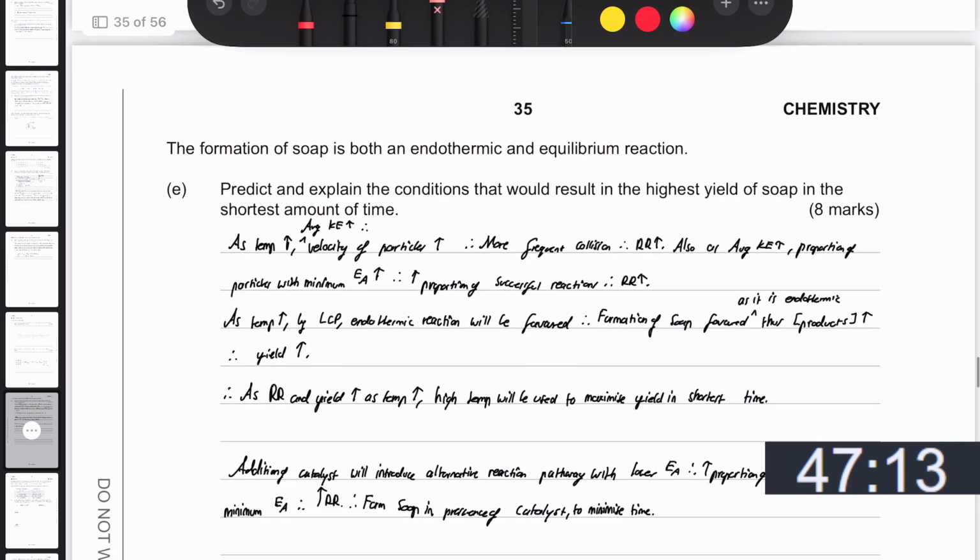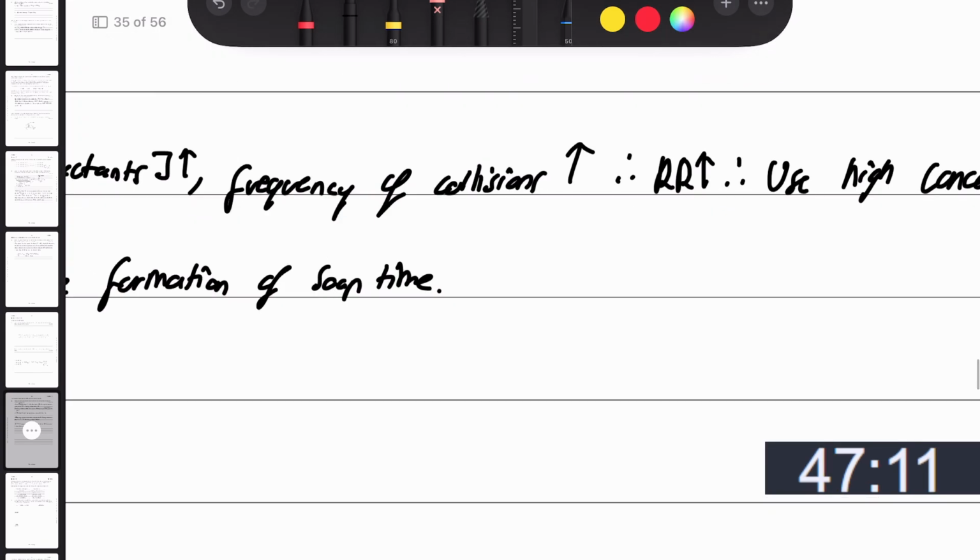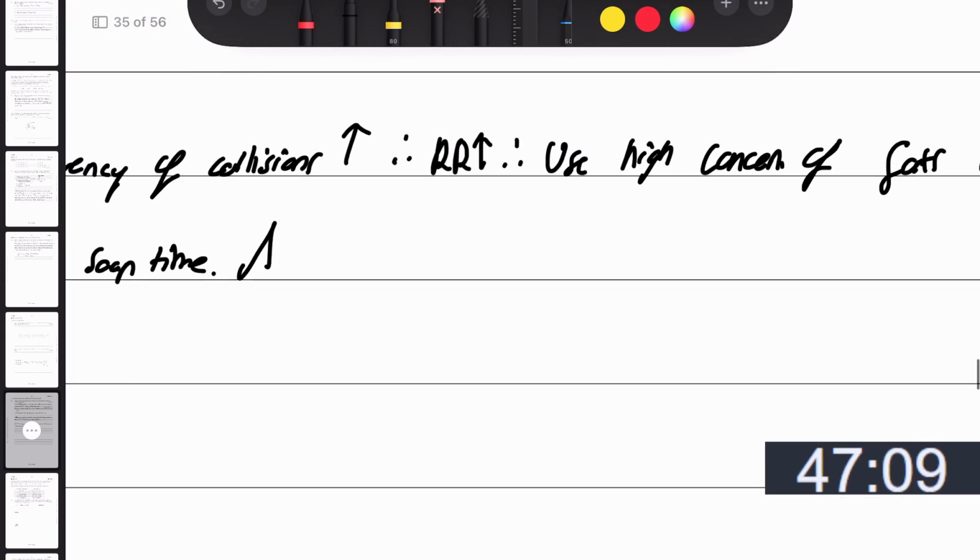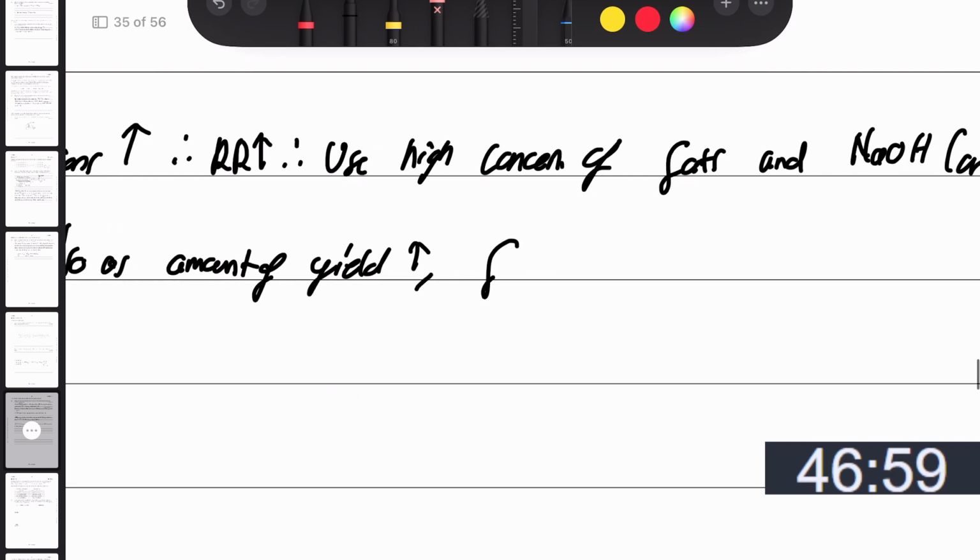Okay. Also as the amount of yield increases, final amount of soap increases.